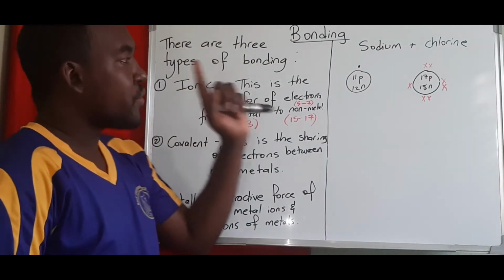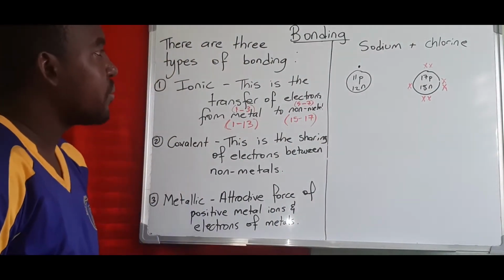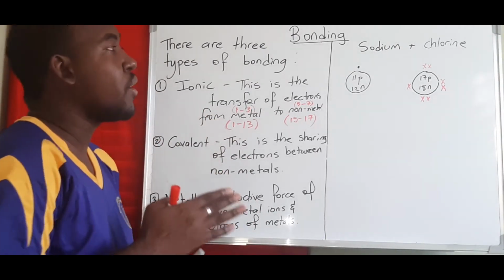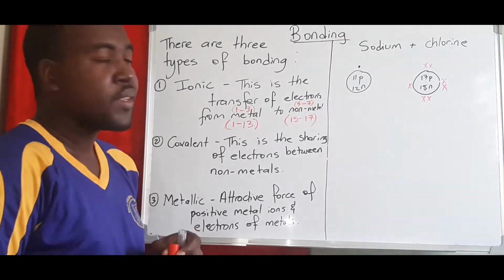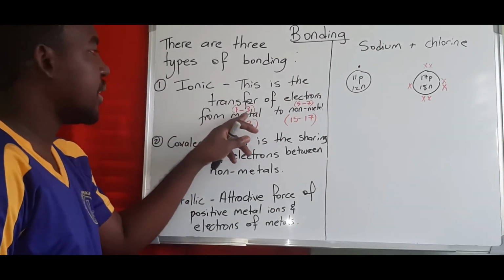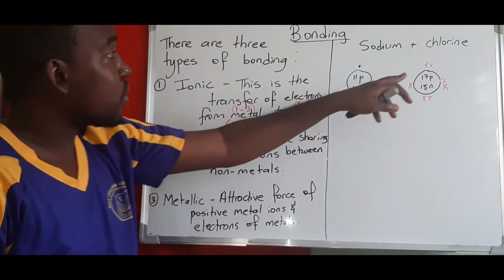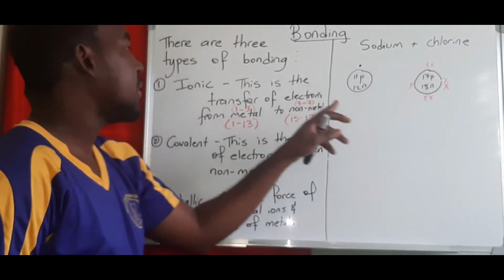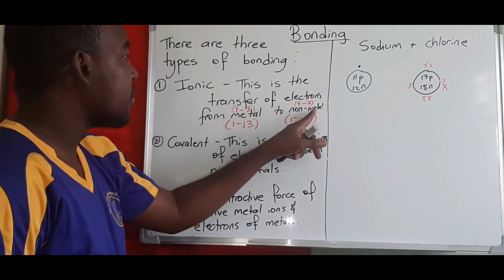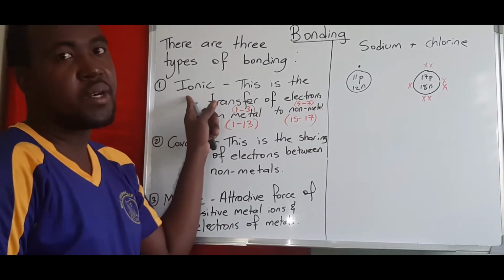The first thing to note in our bonding process is to define whether our elements are metals or non-metals. We know sodium has 1 on the outer shell, which is a metal. Chlorine has 7 on the outer shell, which is a non-metal. Because we have a metal and a non-metal, that means ionic bonding.